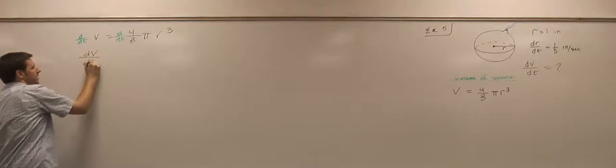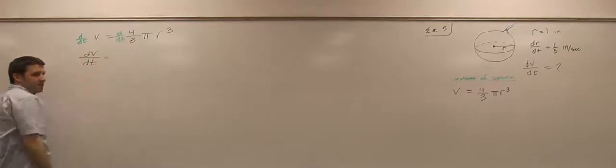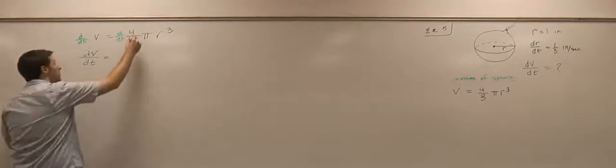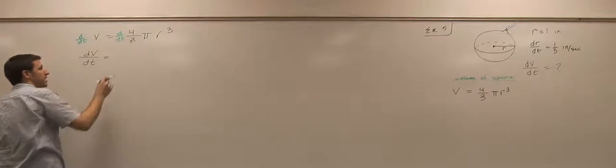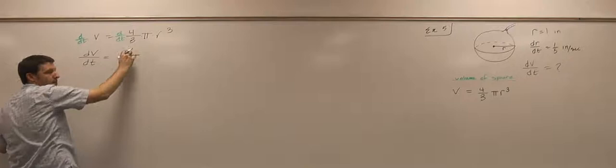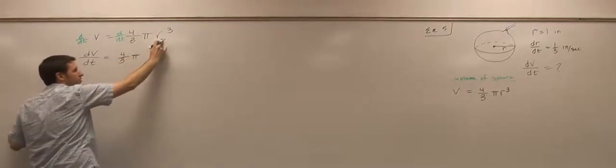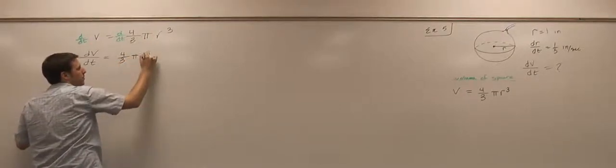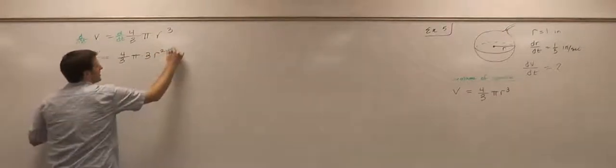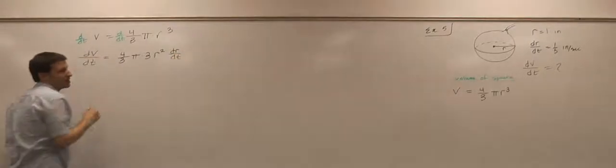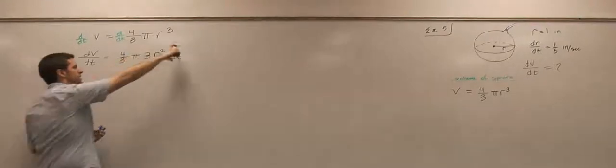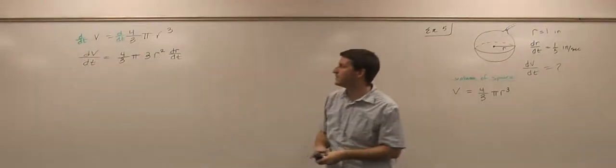That's dV/dt. What happens on this side? 0? Oh, no, it's multiplication. When you have a constant multiple, you ignore it. It just comes down. And then you do the derivative of r cubed, which is 3r squared times the derivative of the inside, dr/dt. We're differentiating everything with respect to time, so you're always going to get these dr/dt's and dV/dt's popping out.